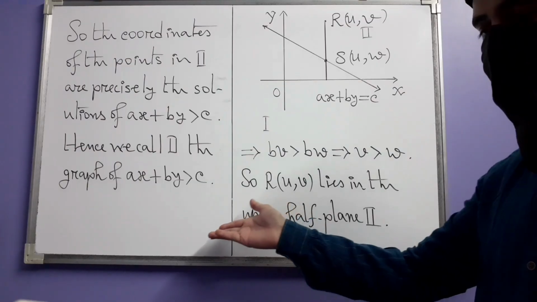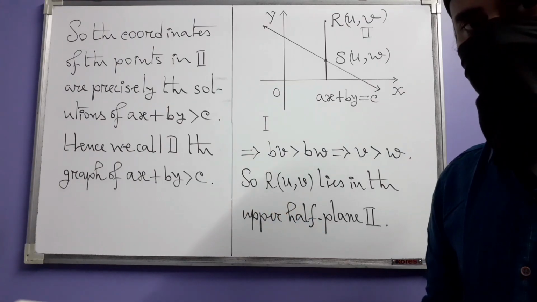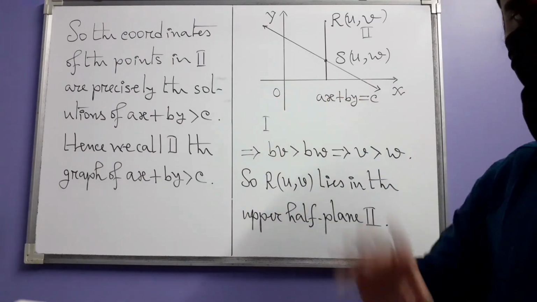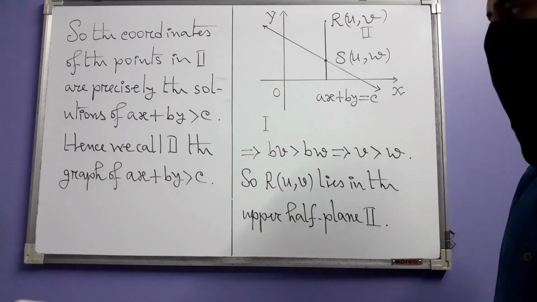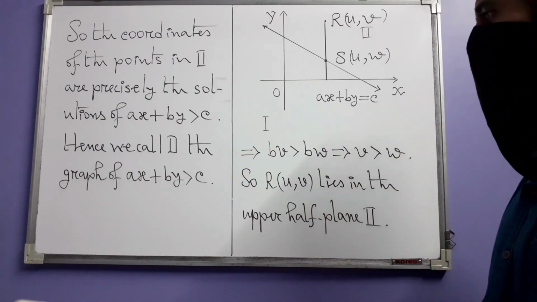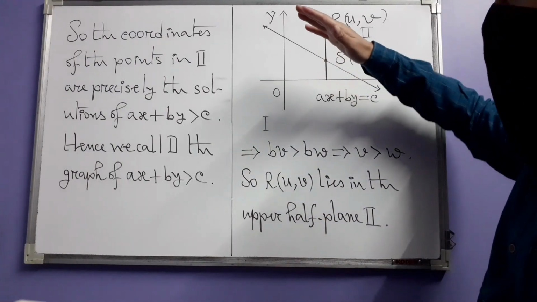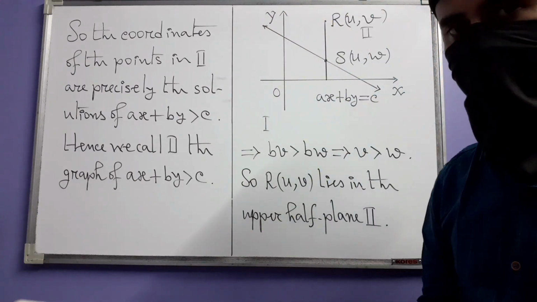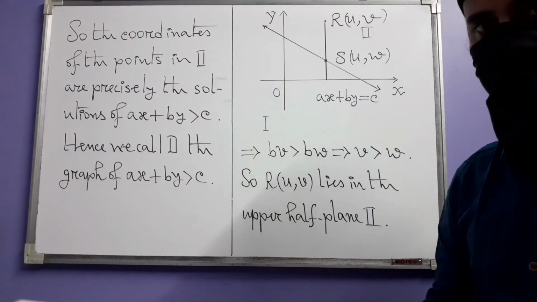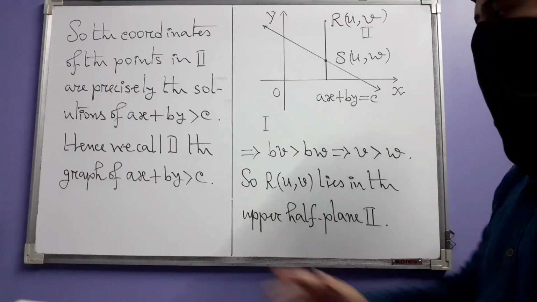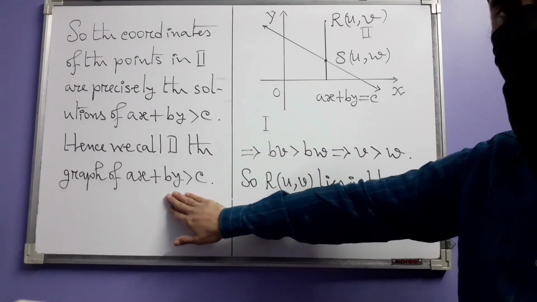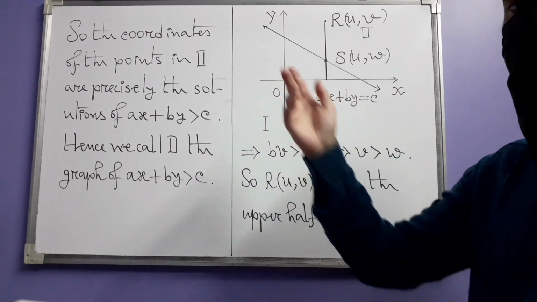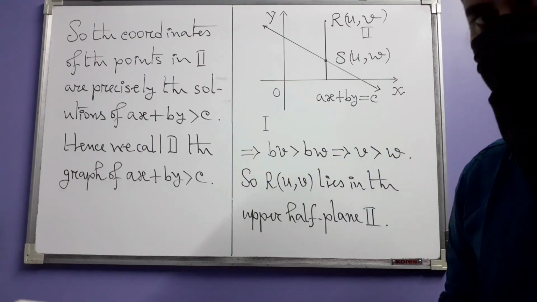But what about that other case where b is less than 0? Something similar will happen. Depending on what the situation is, the graph will either be the upper half plane or the lower half plane. So that's the only difference. Whatever we are having here, the opposite will happen in that case where b is less than 0.